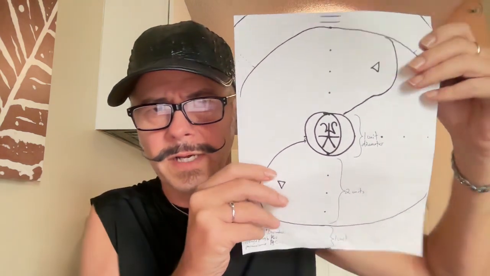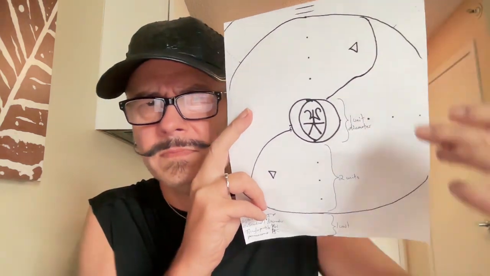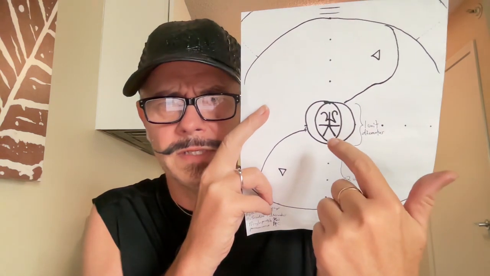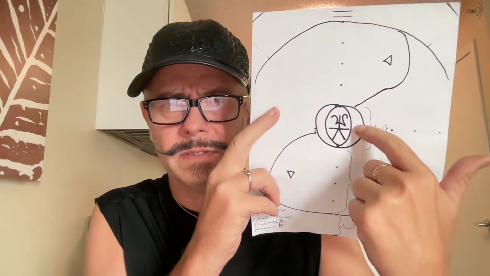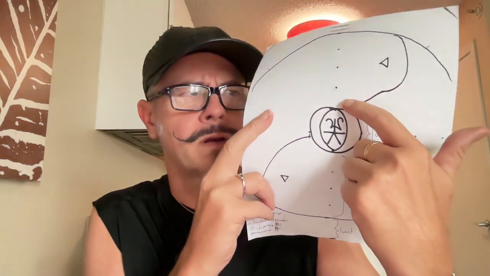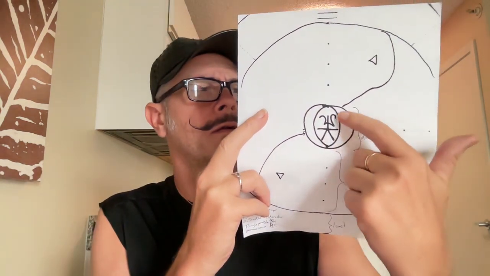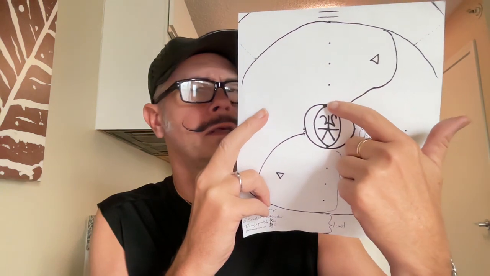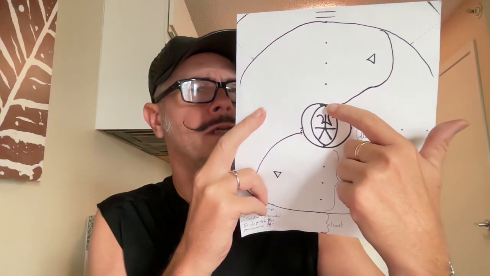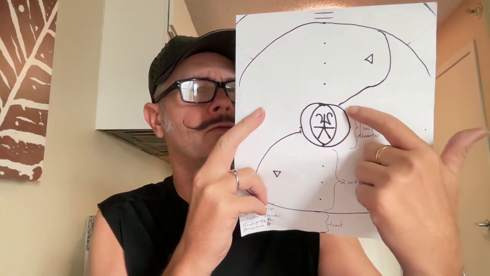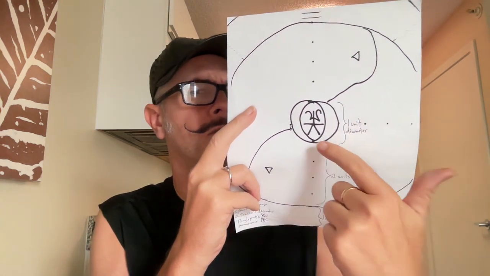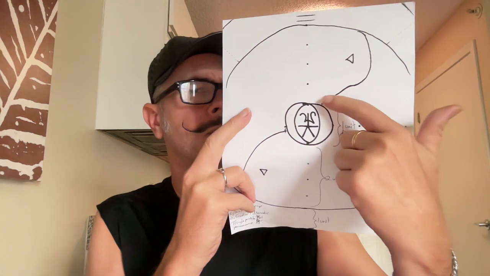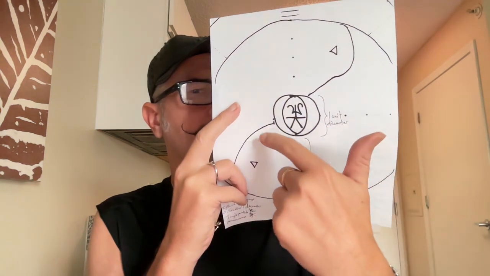I didn't fill them in, but see this ring right here, it wouldn't go right around into this circle, don't think that. It would go out into a further circle, like that.